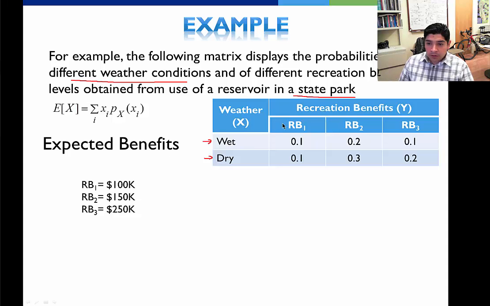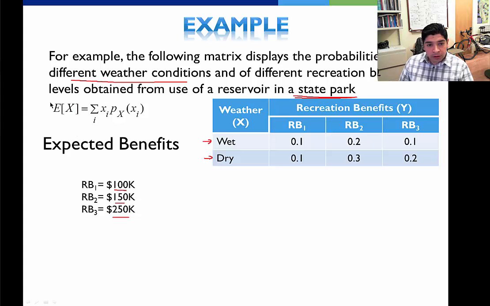So you can get about 100K when you have a wet year. When there is a wet year, you can have certain benefits that will go from 100K to 150K to 250K for this state park.